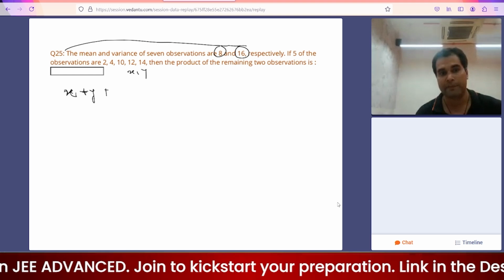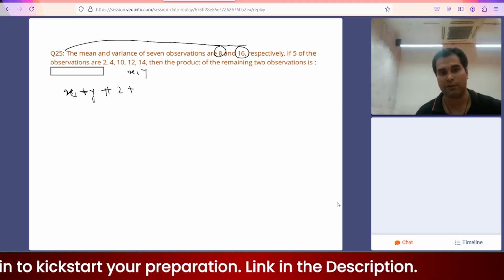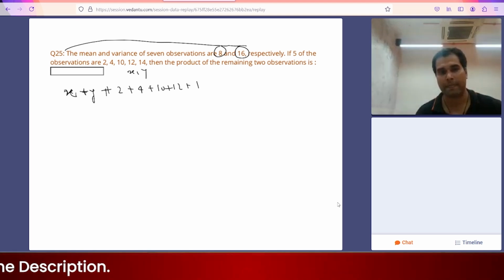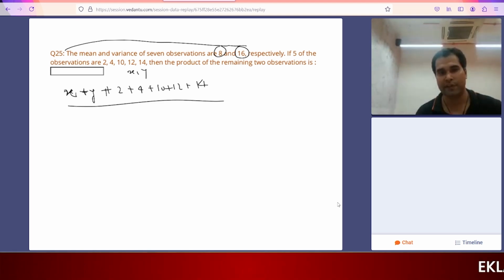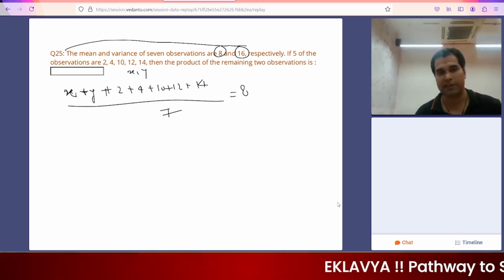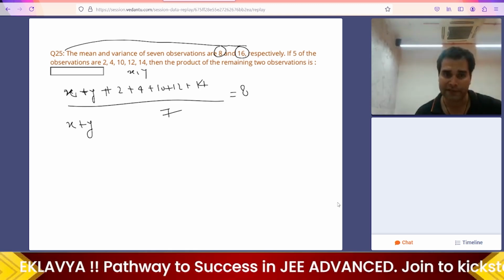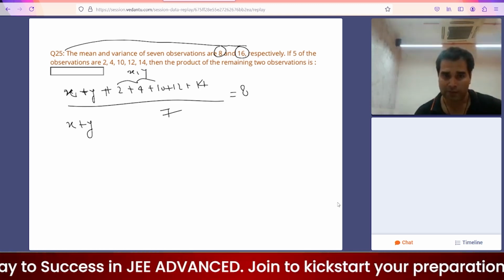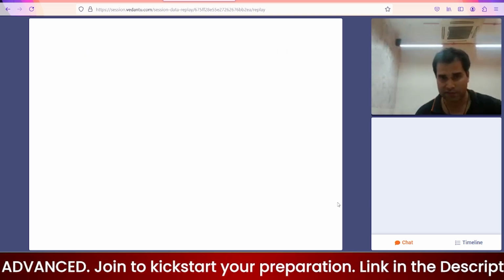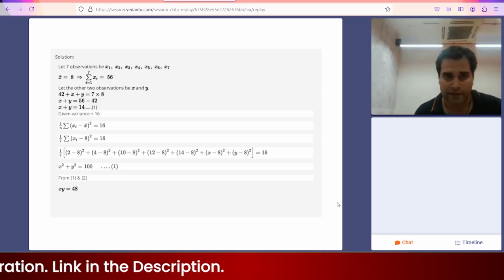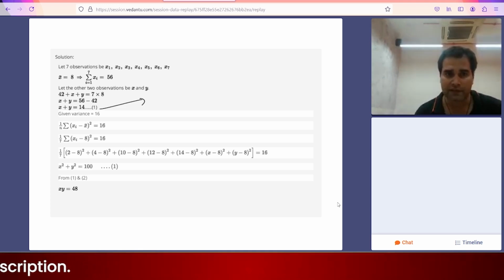The mean is x plus y plus 2 plus 4 plus 10 plus 12 plus 14, divided by 7, equal to 8.